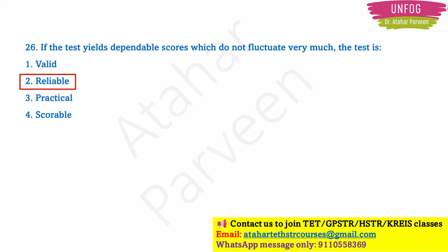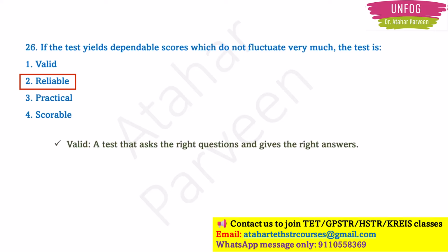Now the other options: a valid test is that type of test which asks the right question and gives the right answer. A reliable test is a test on which you can depend, because it gives the same result every time you take it. That's why it is called a reliable test.